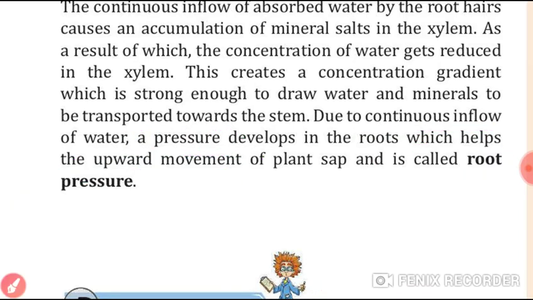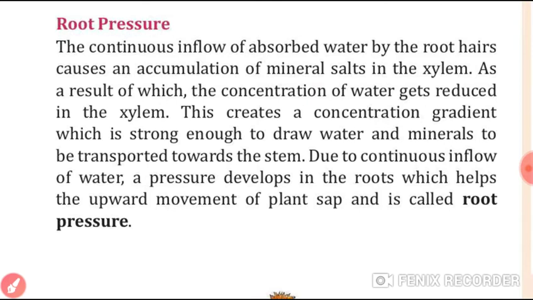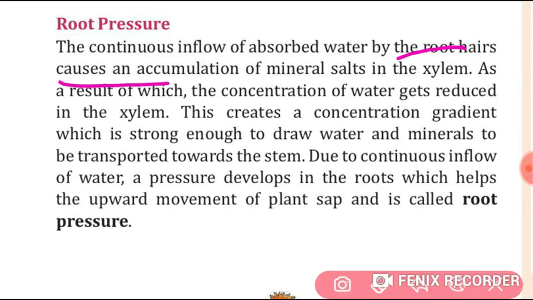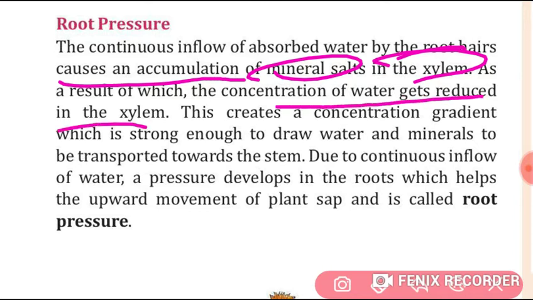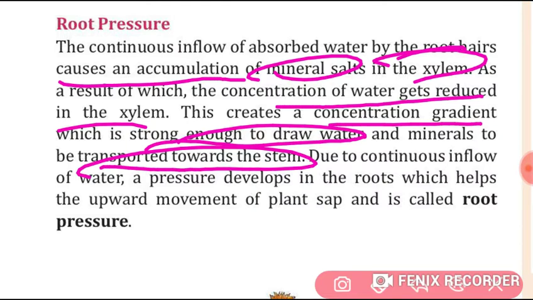Again, I will tell you that the continuous inflow of absorbed water by the root hairs causes an accumulation of mineral salts. Where? In xylem. Due to that, what happens? The concentration of water gets reduced in the xylem. This creates a concentration gradient which is strong enough to draw water and minerals to be transported towards the stem.